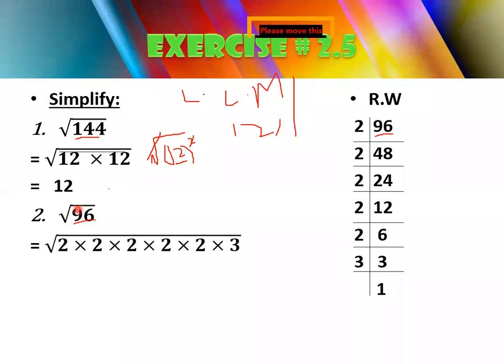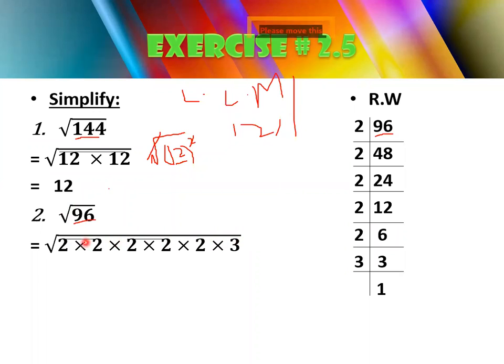After this, you are going to make pairs of the same numbers. Pairs means you will take only two numbers. The first pair is of this number, and the second pair is of this number. Now you cannot make a pair of this 2 and 3, because 2 and 3 are different numbers.